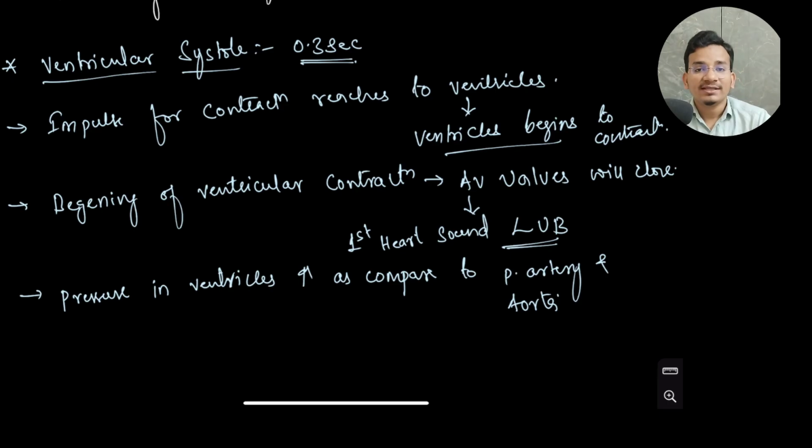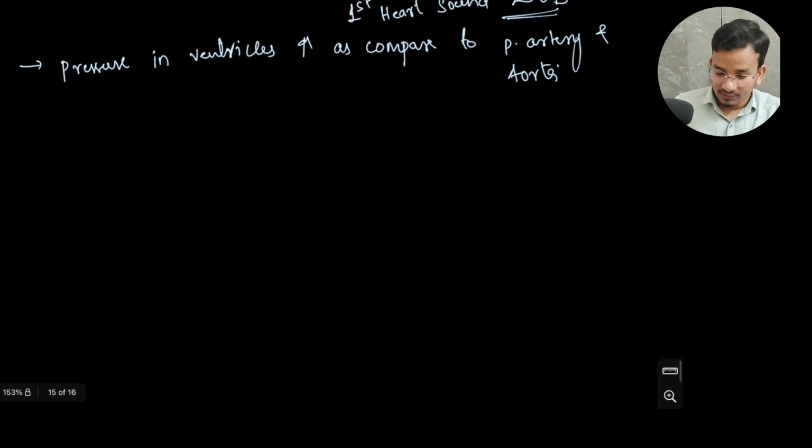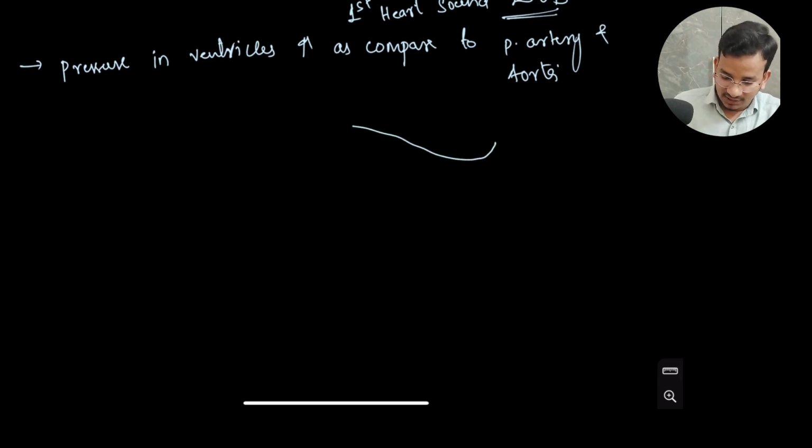So whenever the ventricular contraction started, due to the pressure the AV valves will close. The AV valves will produce the first heart sound, that is the lub. So it is the first heart sound. Next you can see here in the diagrammatic representation, I will show you how it is exactly taking place.